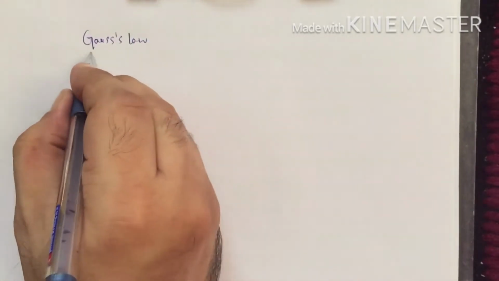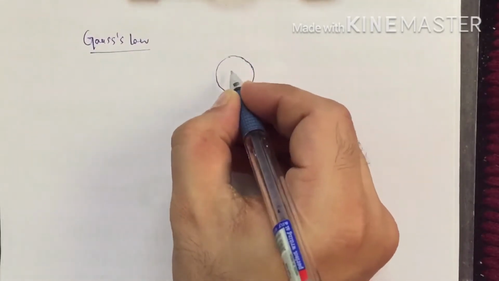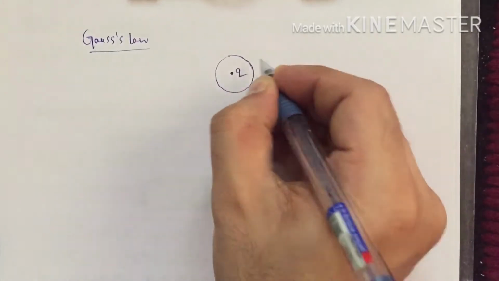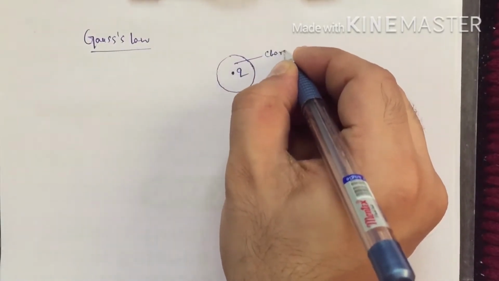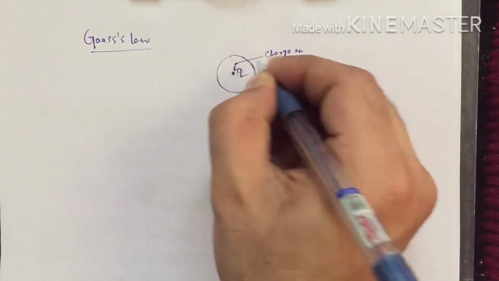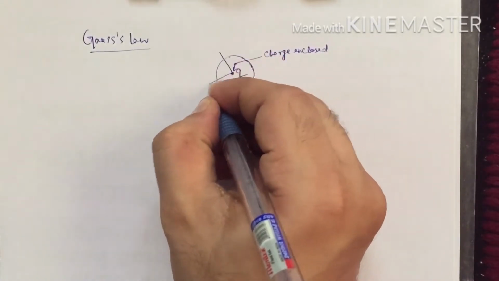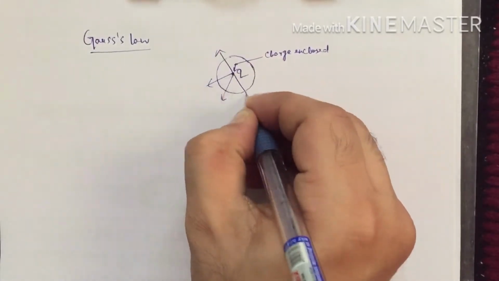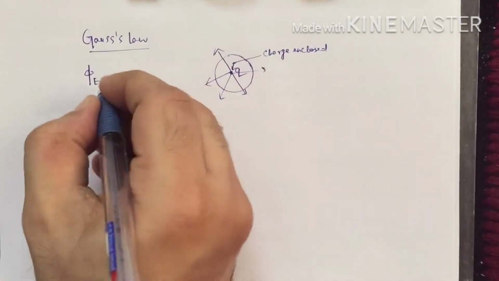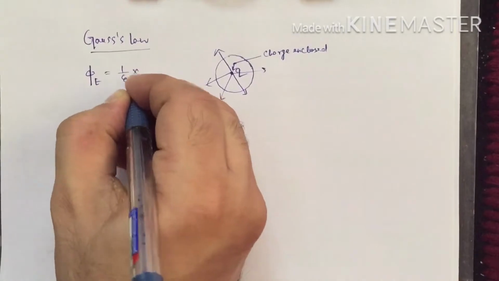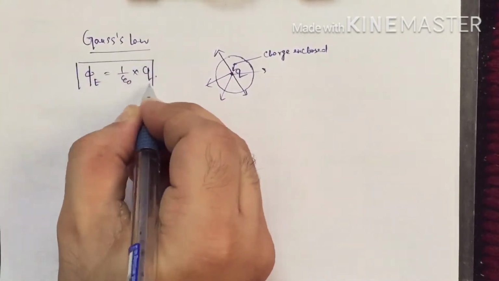Now Gauss law says that if you have any closed surface enclosing some amount of charge q, charge enclosed, and the flux through this closed surface is given as 1 by epsilon naught times the total charge which is enclosed within the surface.